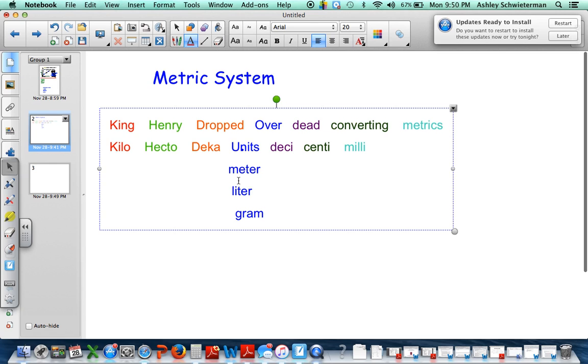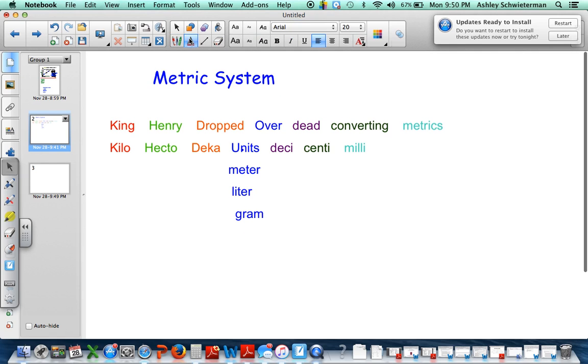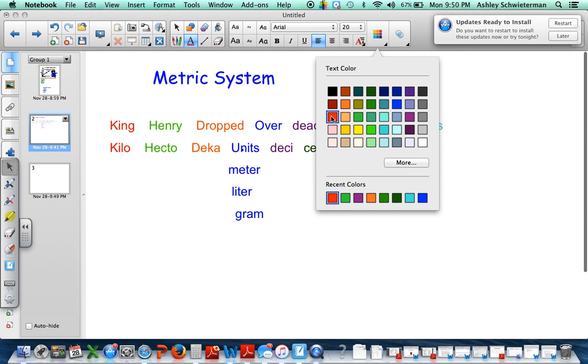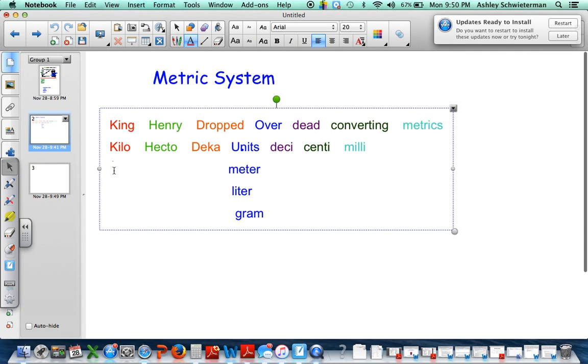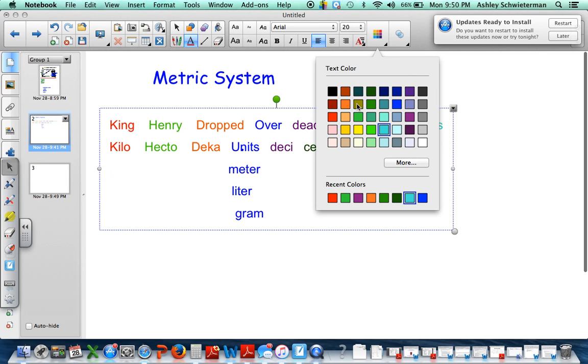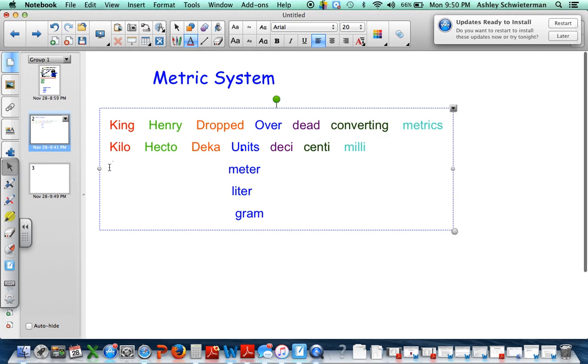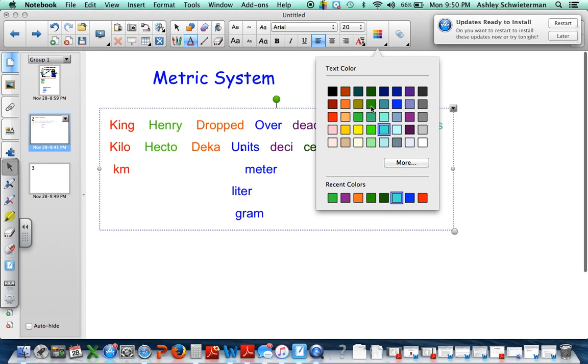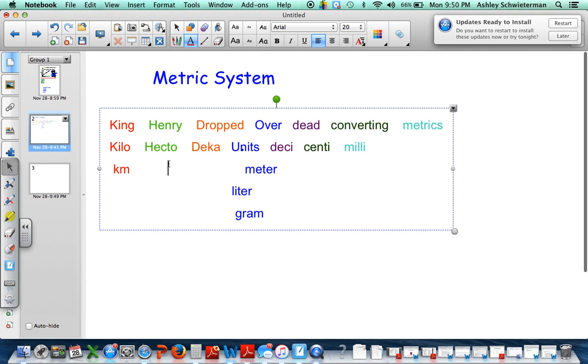And then each of these would then have abbreviations. So if you're going through and looking at each of these, we could very well go through and write, so here we'd have kilometers, or km. Then hectometer, which is hm.